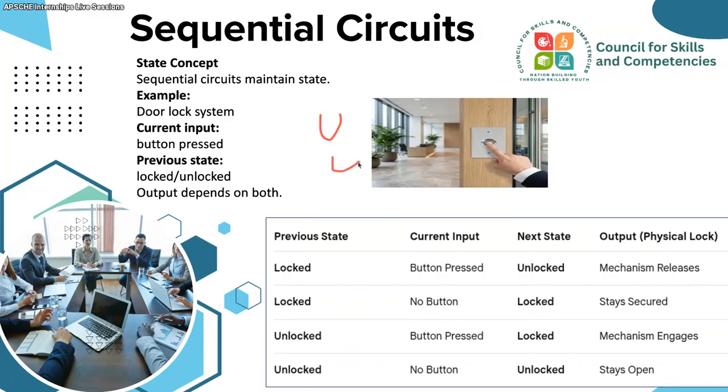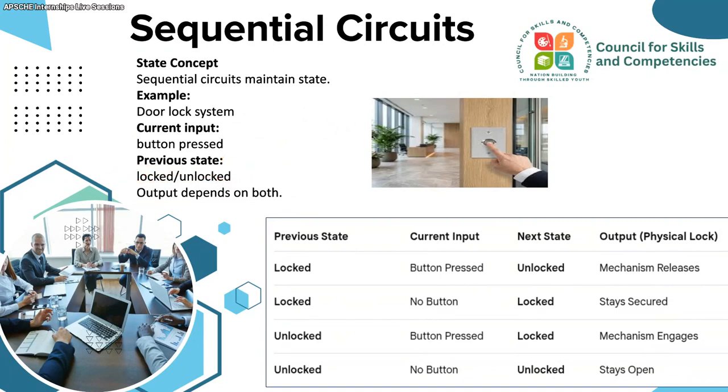Who knows? We don't know about the previous state. So the output is going to depend upon the current input, whether the button is pressed or not, and the previous state, whether locked or unlocked. We want to capture all these things.